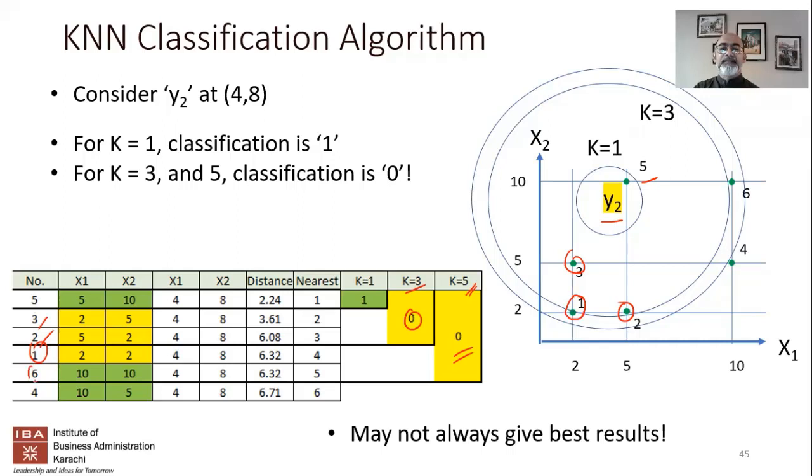And after that is point number 6. And this point here is still the furthest away. So even if k is equal to 5, you get a misclassification of classifying it as 0. So this is just another example to show you that KNN will not always give you the best results.